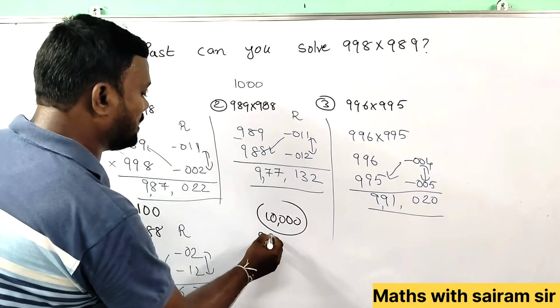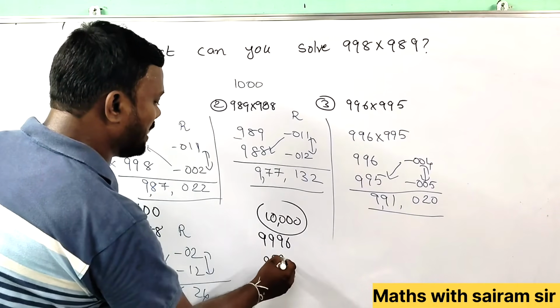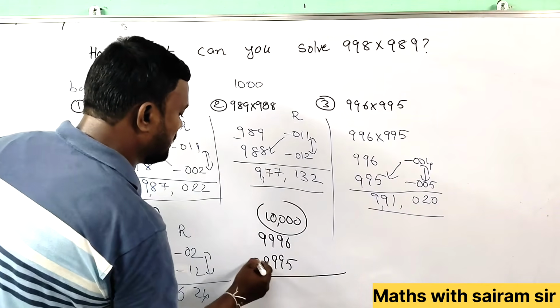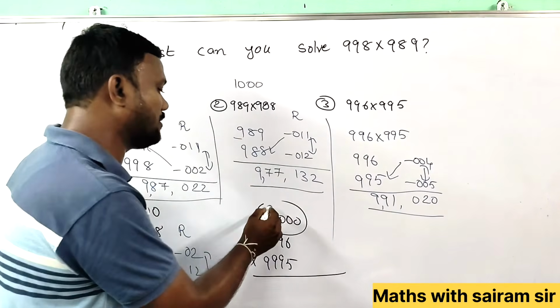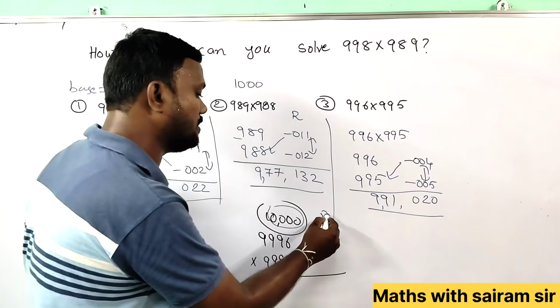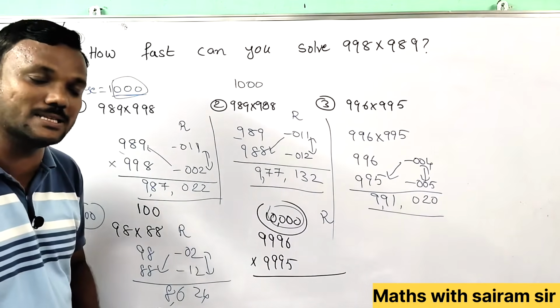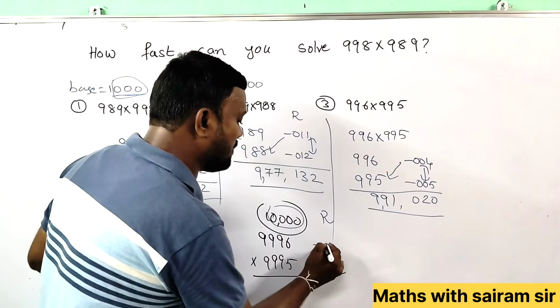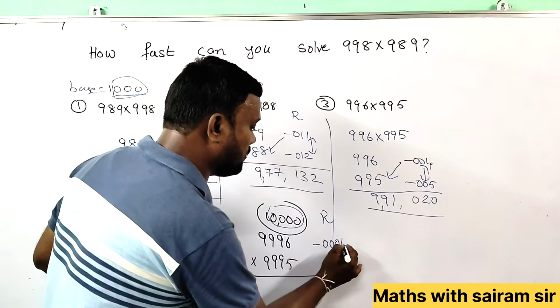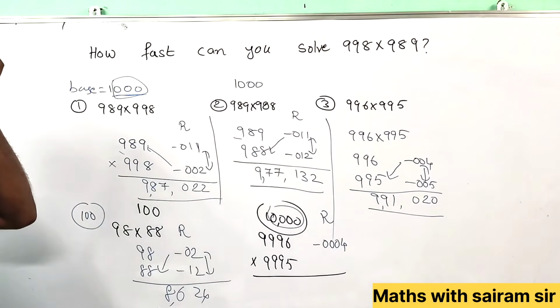And let us see one more example which is nearest to the 10,000. That is 9,996 into 9,995. If you want to multiply them, as these two numbers are nearest to 10,000, and in the 10,000 we have 4 zeros, the right part should be in 4 digits. Here this 9,996 is 4 less than the 10,000, so I am writing it as minus 0,004, and this is 5 less than the 10,000.